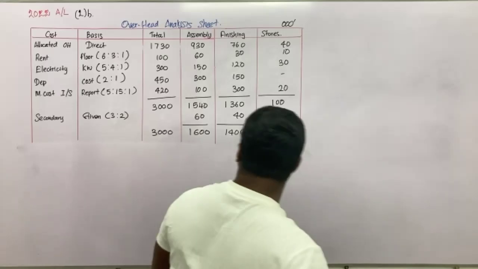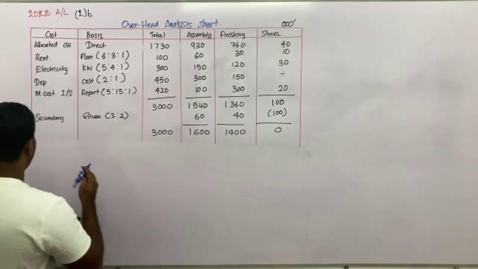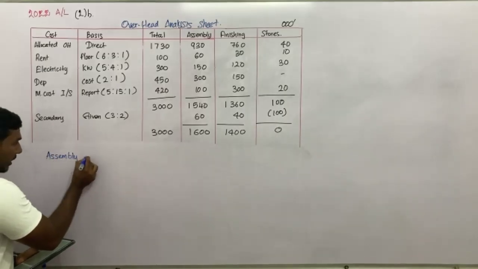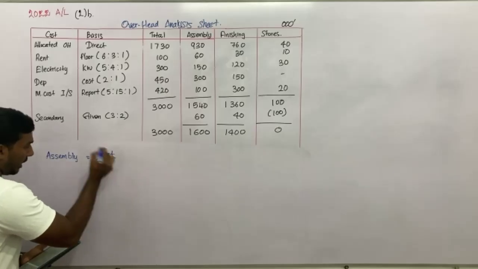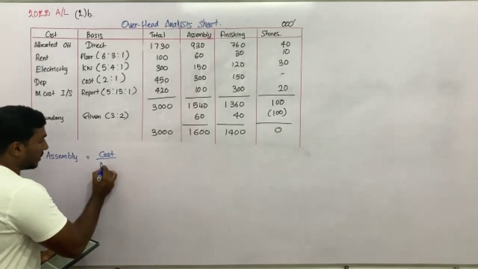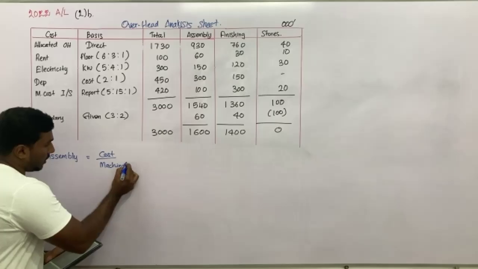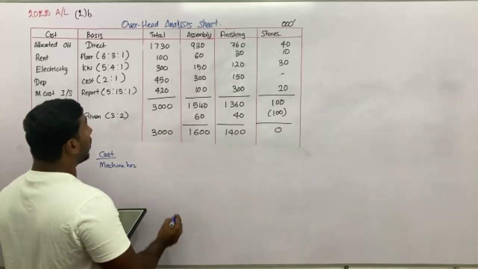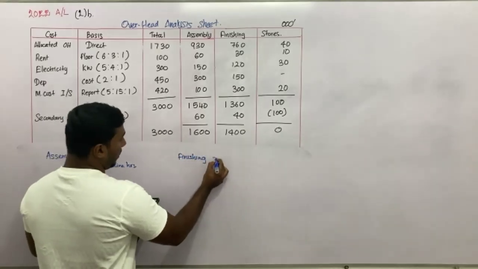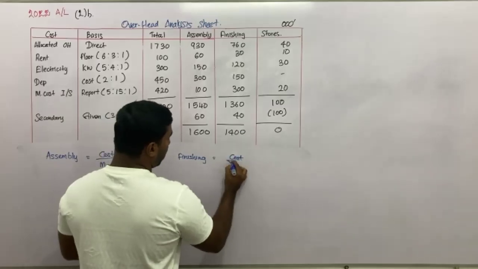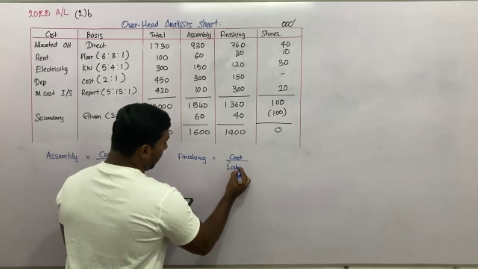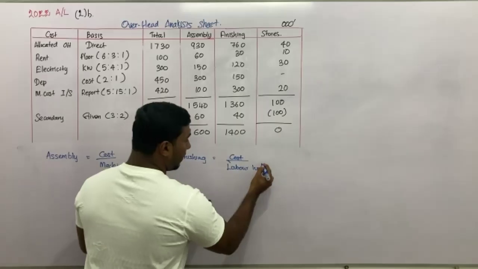So for the assembly, they use cost divided by which basis? Machine hours. Okay. For the finishing, they divide this cost by labor hours. Yes, labor hours. It's given, simple, it's given.